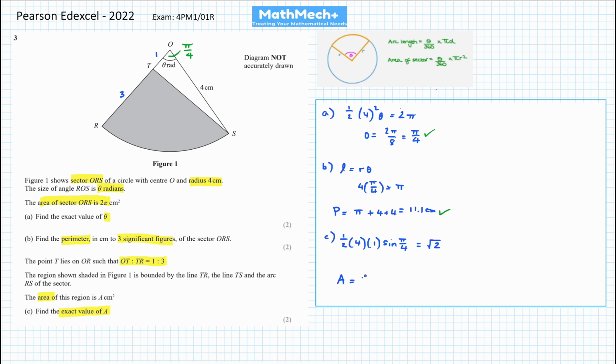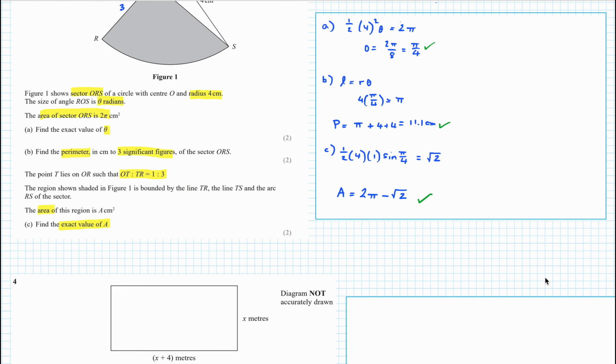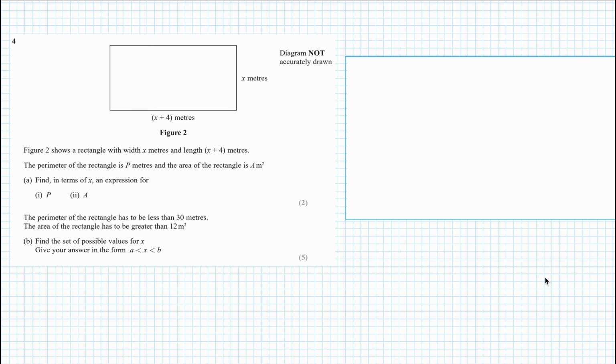And that completes our question. So, circular measure, radians, it's a topic in and of itself, and it's a pretty solid question that shows a few different elements of that type of question in further maths, and indeed in grade 11 on Pure 1 mathematics.